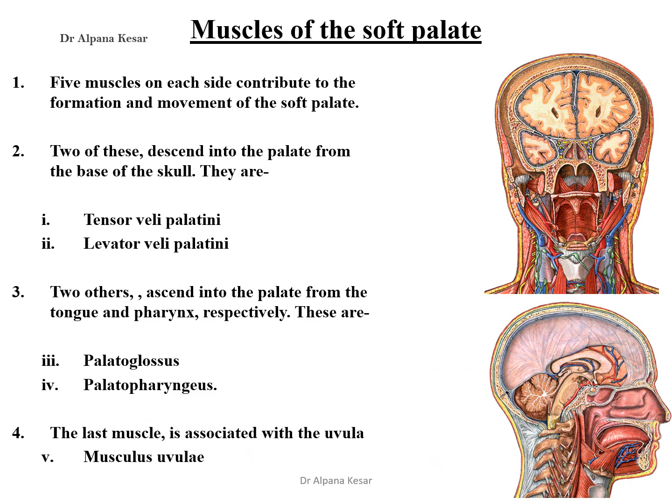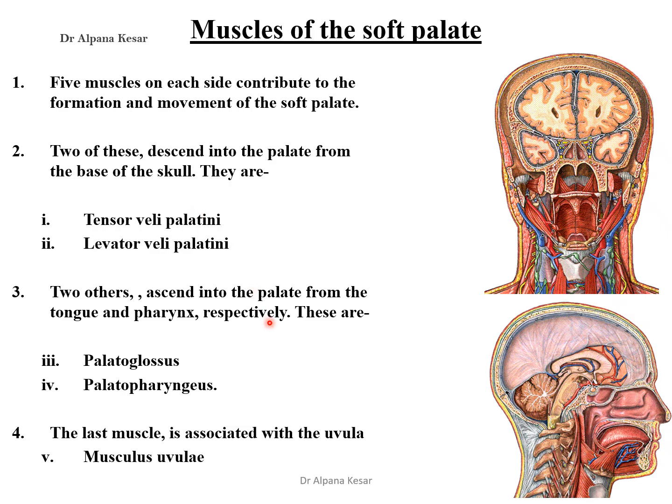Muscles of the soft palate. In the soft palate are present 5 pairs of muscles, one on each side. They help in the formation and movement of the soft palate. Two of these muscles descend into the palate from the base of the skull, and they are tensor veli palatini and levator veli palatini.